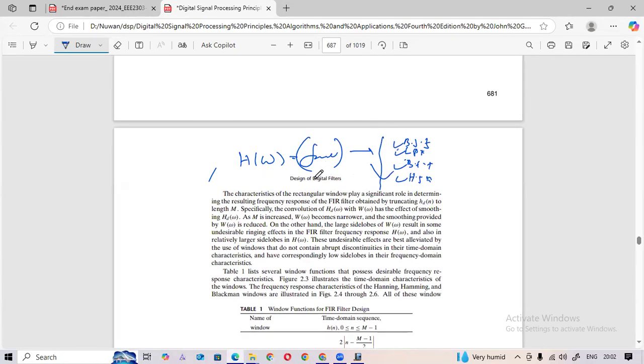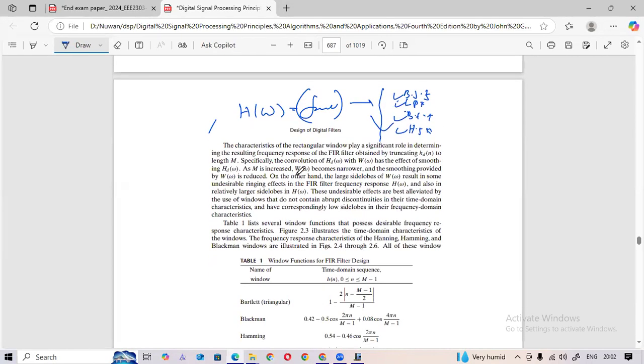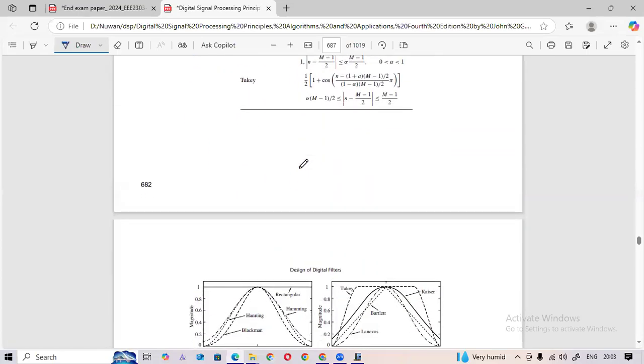So you will be given this one. Then what you need to do? You need to calculate h(n), the impulse response, that means the time domain response. This is the frequency domain response. To go from frequency domain into time domain, you need to apply the inverse Fourier transform.